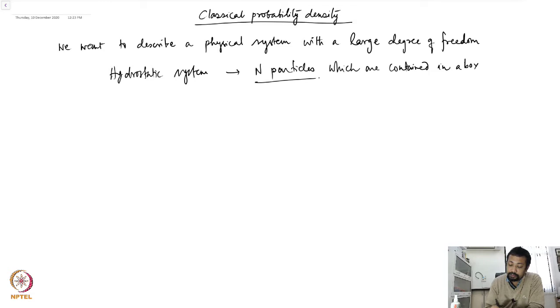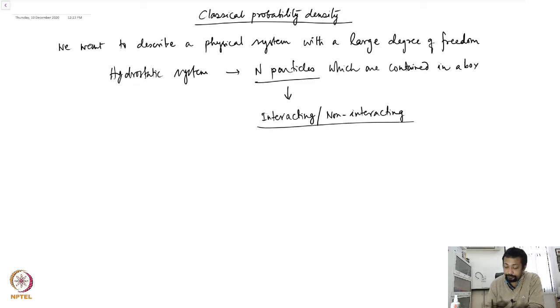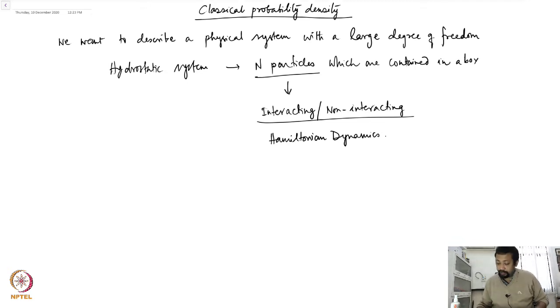Now these n particles can be interacting or non-interacting, but essentially the dynamics is governed by the Hamiltonian dynamics. So you have Newton's equation of motion, and the particles' trajectories are updated based on Newton's equation of motion.